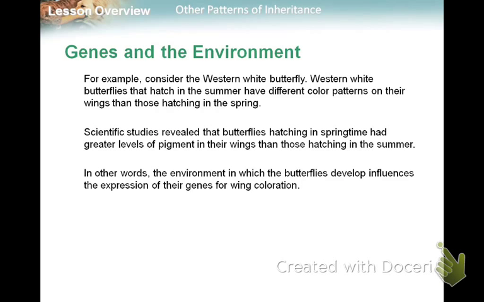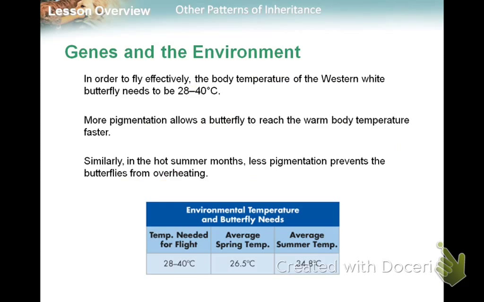Here's an example, the western white butterfly. The ones that hatch in the summer have different color patterns than those hatching in the spring. Butterflies hatching in the spring had greater levels of pigment in their wings. So that environment influences the expression of the genes for wing color. In order to fly, the body temperature of the butterfly has to be between 28 and 40 degrees Celsius.